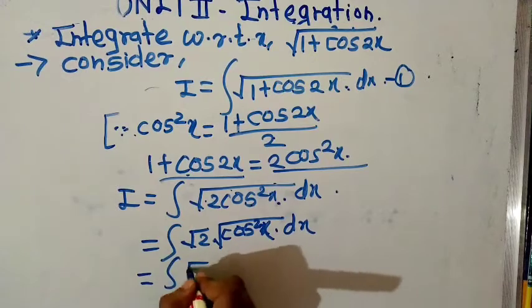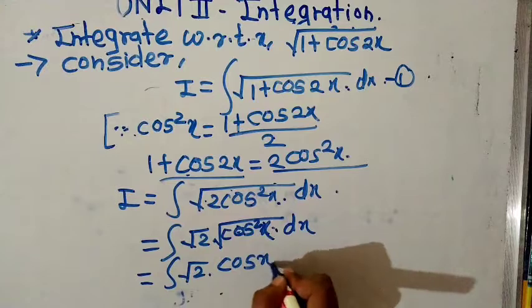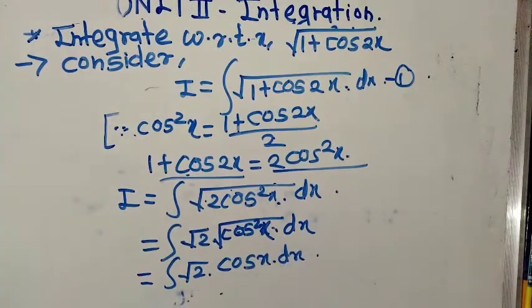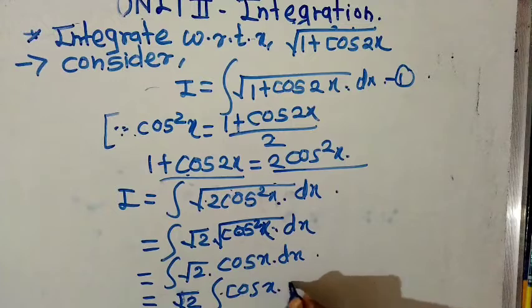But we know that square root of cos square x is cos x, which is equal to root 2 into integration of cos x into dx.